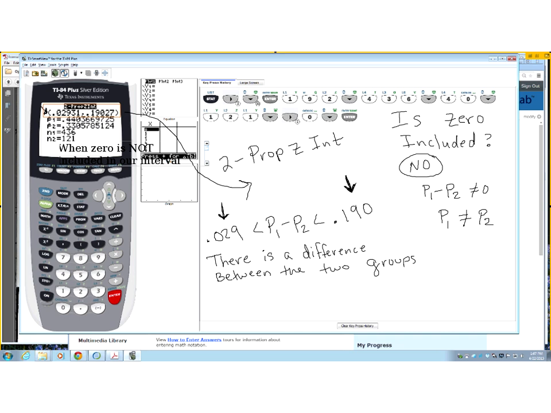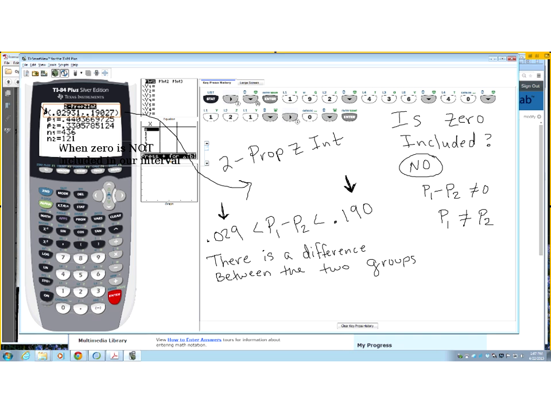All right, I was trying to make that a little bigger so you could see it. All right, so that concludes finding a confidence interval for the difference between two population proportions. So that is the end of section 9.2.